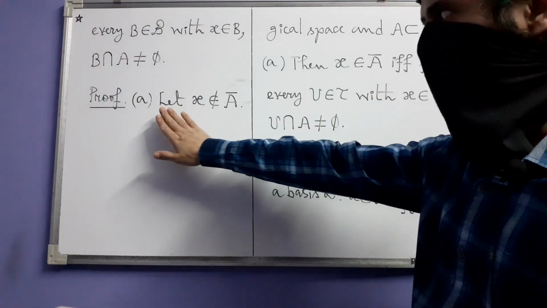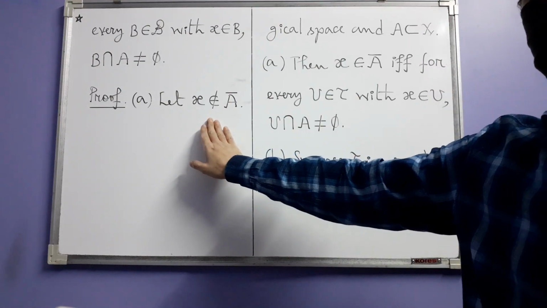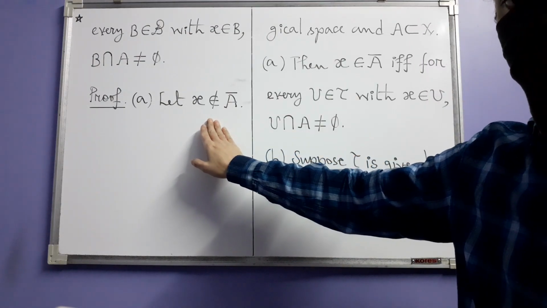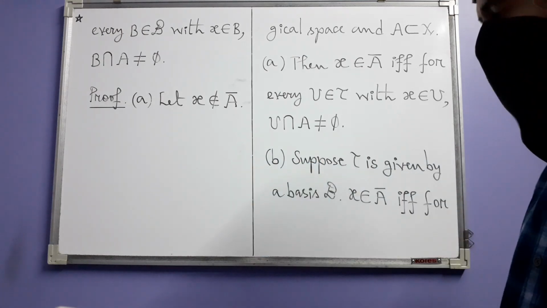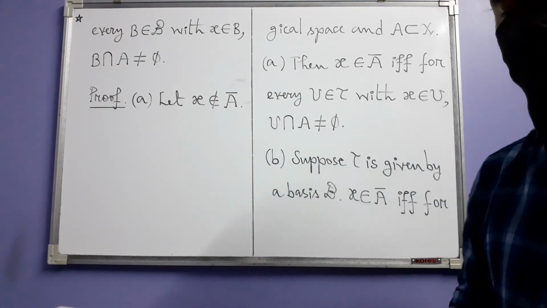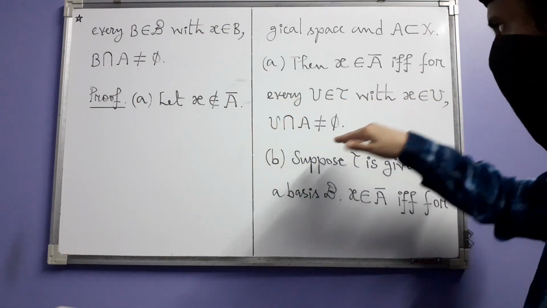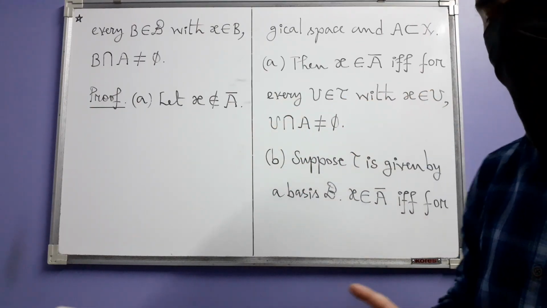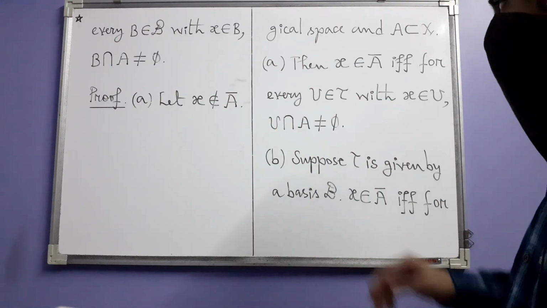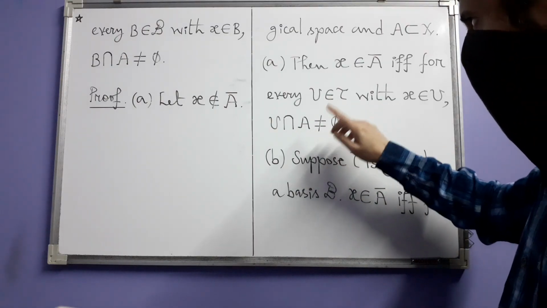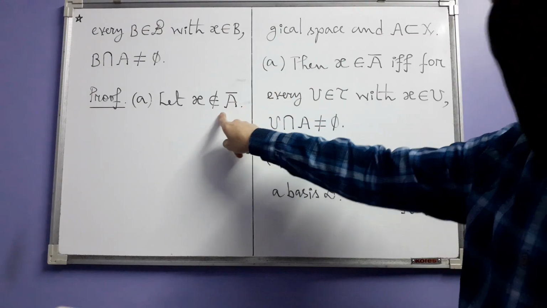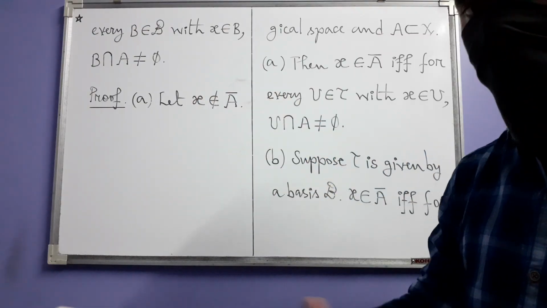The proof to part A starts with this. Let x be not in the closure of A. So actually the approach here we are taking is that then we will prove that this does not happen. And then to prove the converse, we will assume that this does not happen and then prove that then this happens, that x does not belong to A closure.